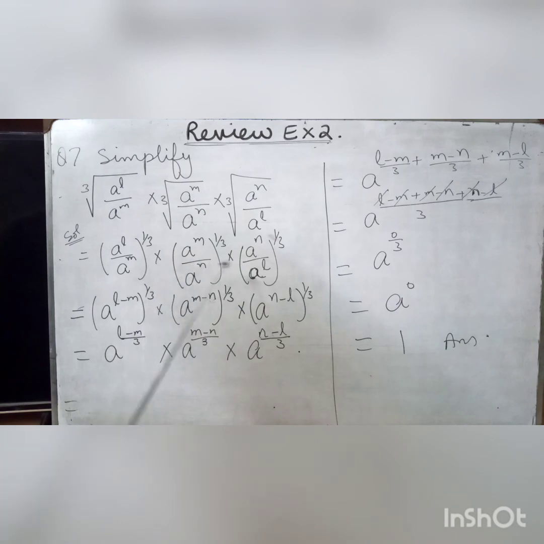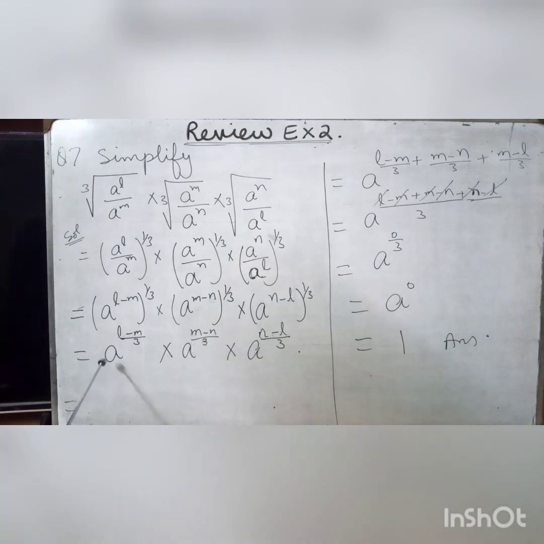Write them into the exponential form. Then, according to the law of exponents, we have a raised to power l minus m with exponent 1 over 3, a raised to power m minus n with exponent 1 over 3, a raised to power n minus l with exponent 1 over 3.